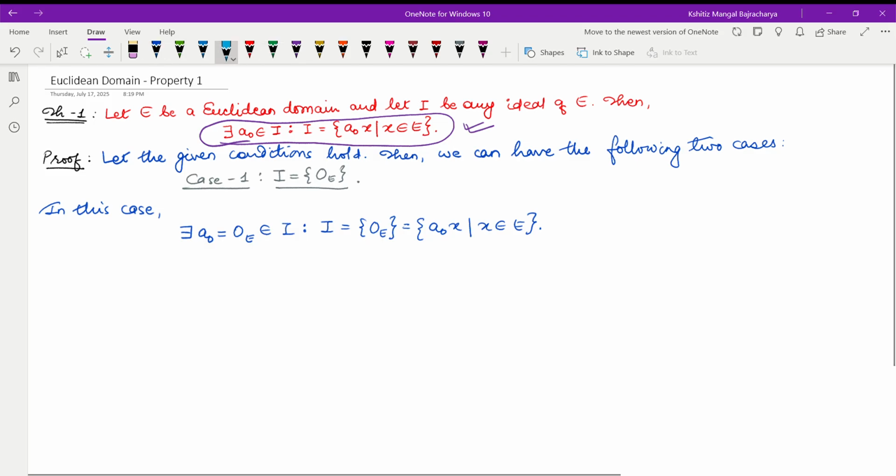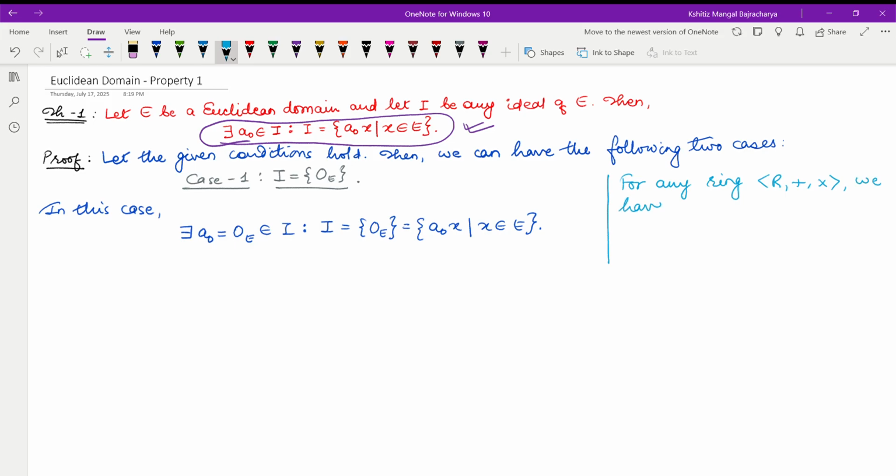Now why does this work? We know that for any ring R, we have 0_R times x equals x times 0_R equals 0_R. So if we are allowing x to vary over E, then each and every time a0x gives us 0_E, since a0 is 0_E, as per this property.